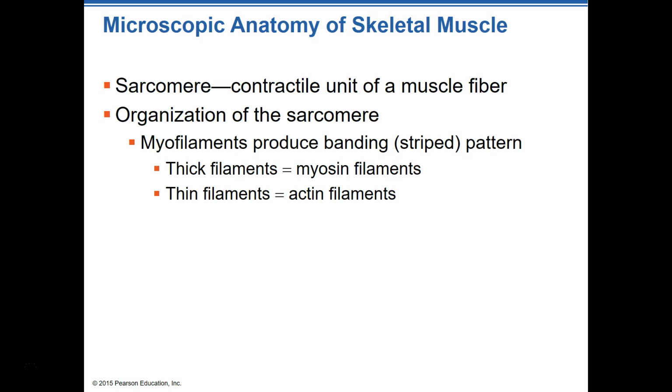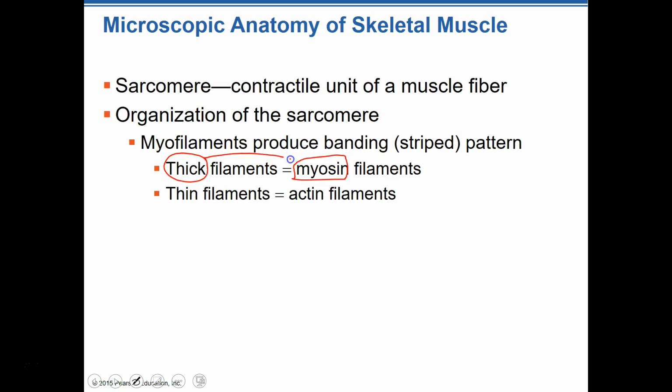And how this is organized is, of course, by thick and thin filaments. Now, you've got thick filaments. Remember, thick filaments is the A line, right? Thin filaments is the I line. Thick filaments should be associated with myosin filaments, okay? So when we think thick, we want to think myosin.